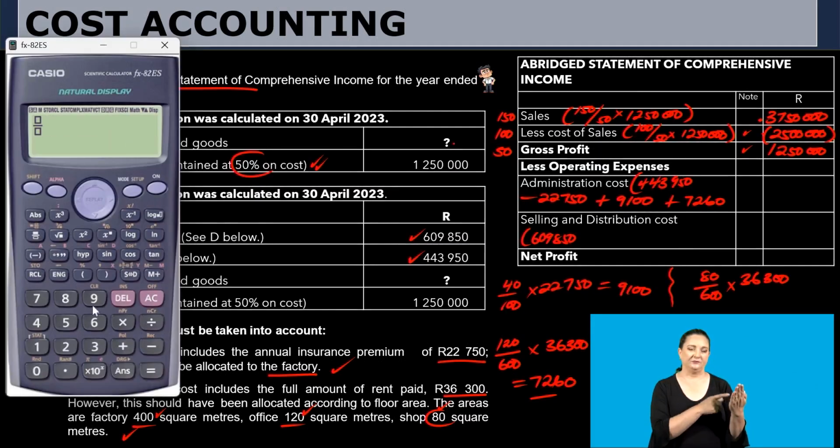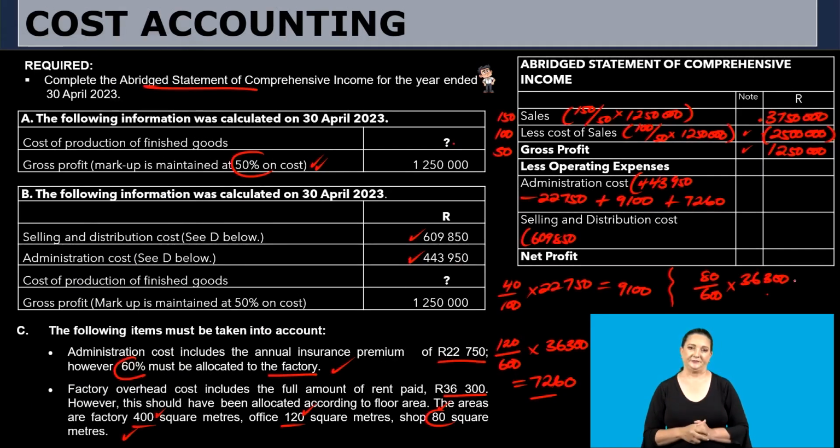So I'll say 80 over my 600 multiply by 36,300, and that will give me 4,840. Okay, so I'll now come to selling and distribution. Then I'll say plus 4,840. Then I close the brackets.